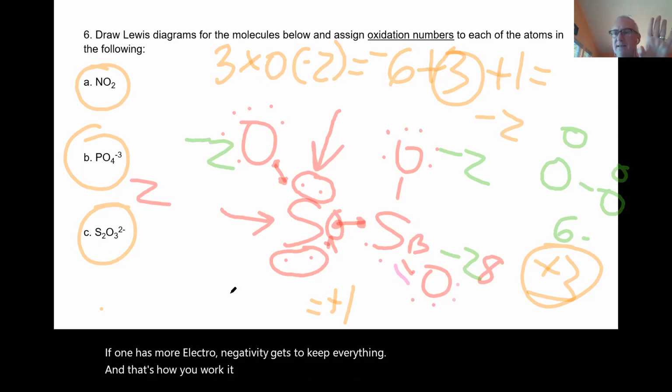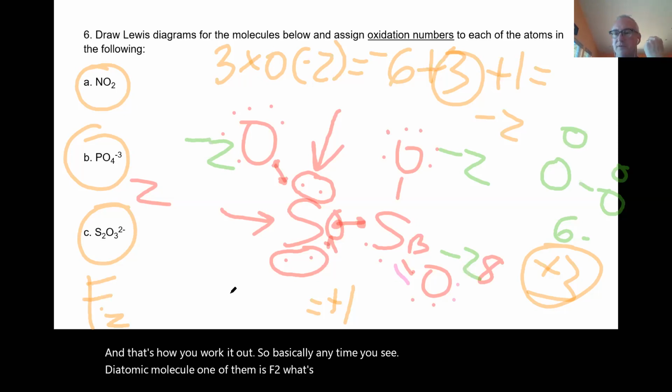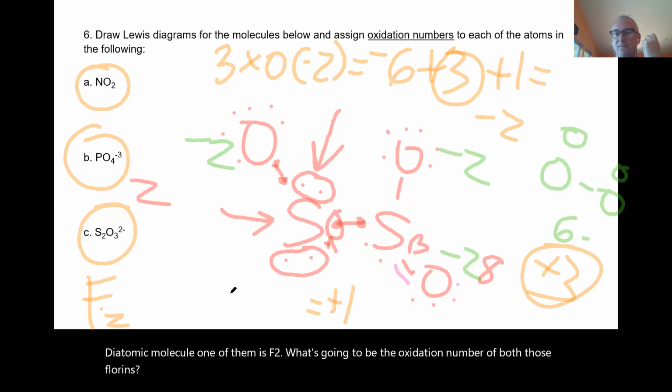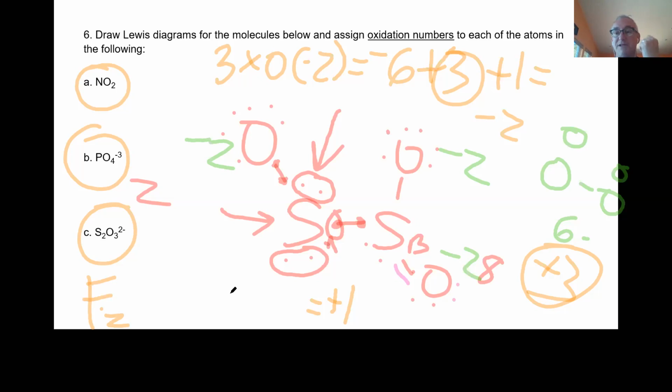So basically, any time you see a diatomic molecule, I think one of them is F2, what's going to be the oxidation number of both those fluorines? -2? Actually, fluorine is almost always -1. Actually, fluorine is always -1, except in one instance.